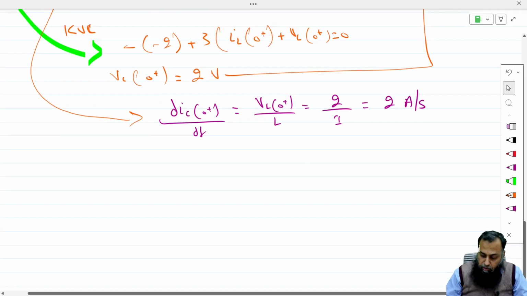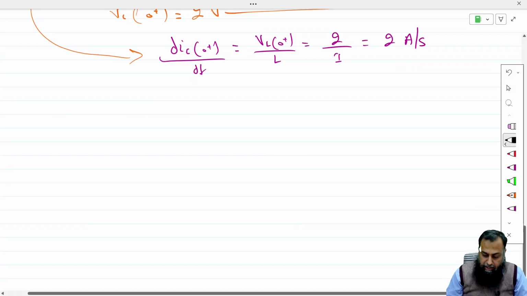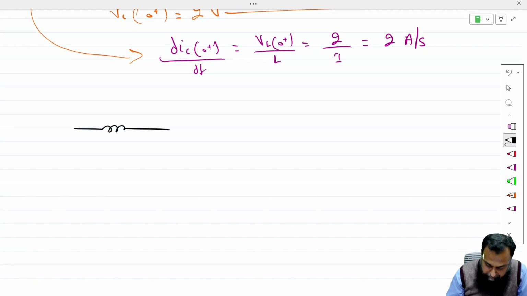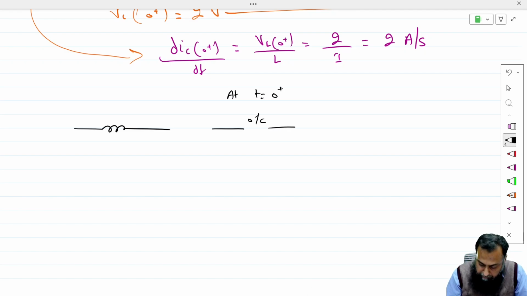Before we conclude, we can summarize this in terms of the circuit elements, which will be very easy and helpful to remember and understand the behavior of the energy storage elements. If we have an inductor at time t equal to 0 plus, and it has no charge, it will act as an open circuit, and at time t equal to infinity, the inductor will be replaced by a short circuit.